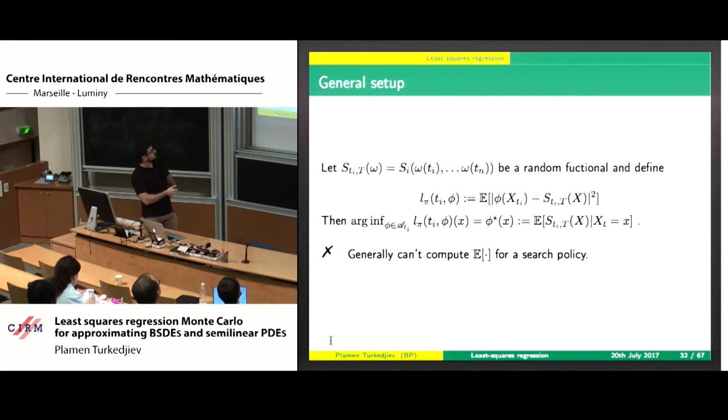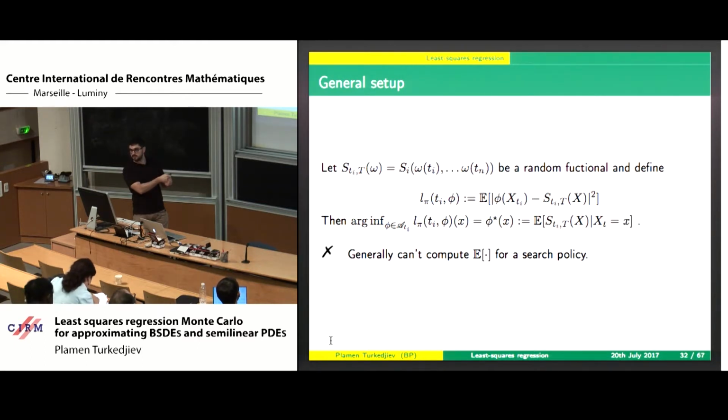So the first thing that we're going to do is introduce this functional S, which, when we inject some process into it, just samples the trajectory of that process at the points of the time grid. This functional is going to be random, and in a second we're just going to inject the paths of the process x.